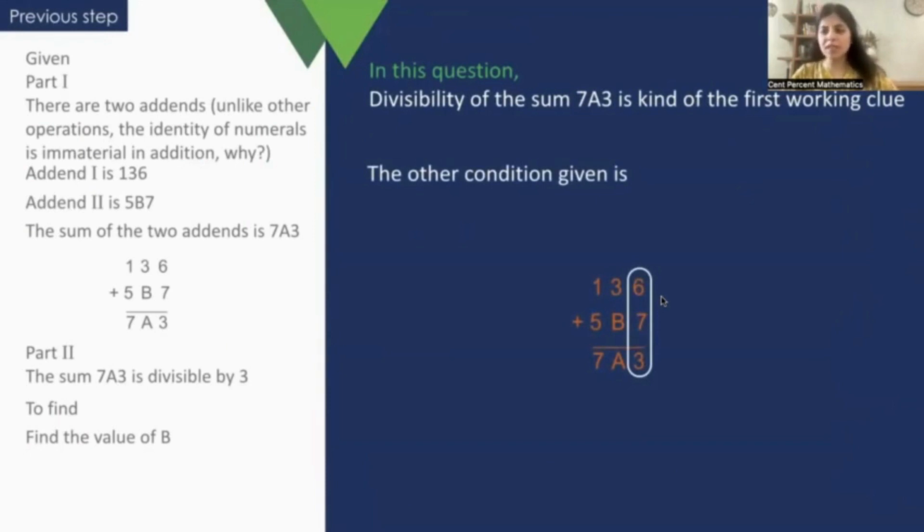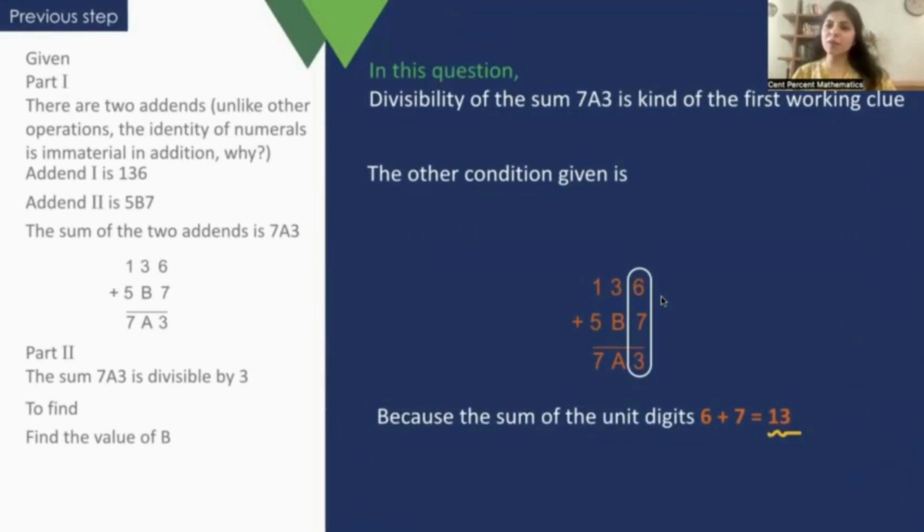So what do we do first? We add the units. When we add 6 and 7, we get 13. Now, what do you understand by 13? We'll be trying to visualize the numbers very soon and it'll be more clear to you again.